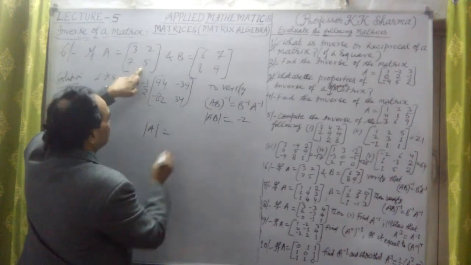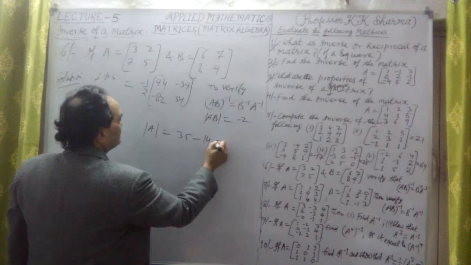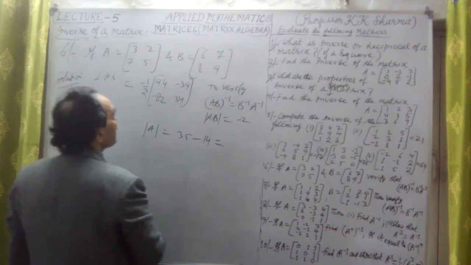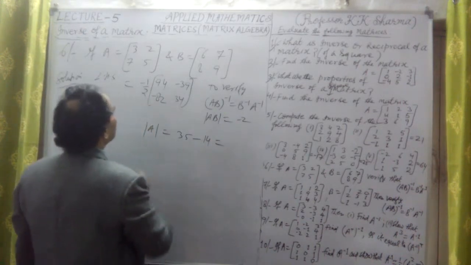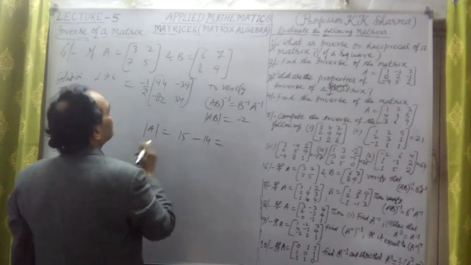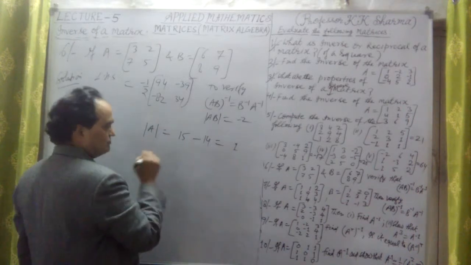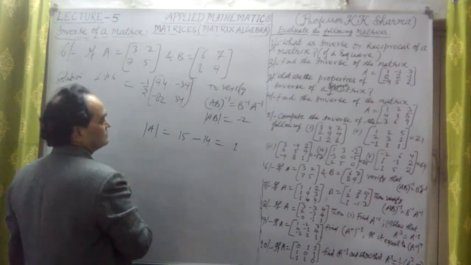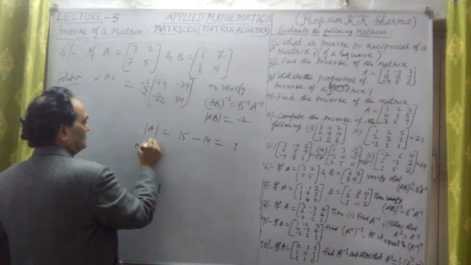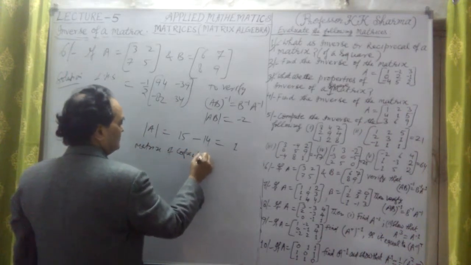It is 5 times 3 is 15, minus 14, which is 1. Now the cofactors, the matrix of cofactors of A.